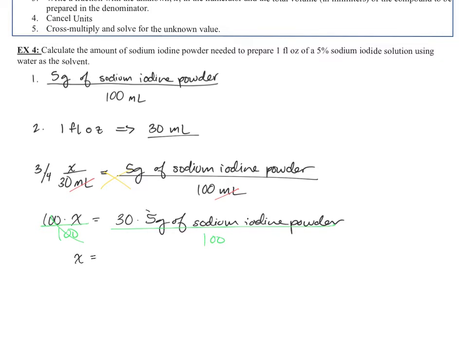So 30 times 5 is going to be 150. Dividing that by the 100, we'll get 1.5 grams of sodium iodine powder.